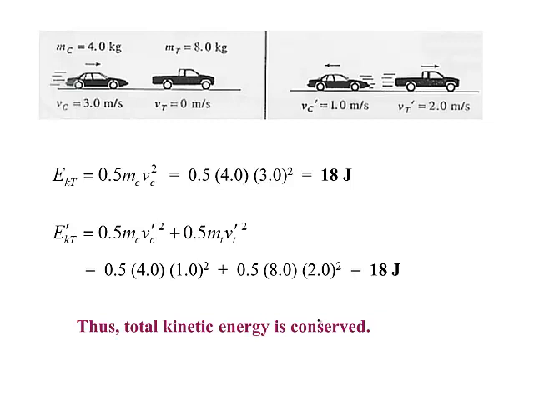As far as it being elastic or inelastic, we work out the total initial kinetic energy in the system, which is 18 joules, and we find the total energy after to be the same. So in this case, with these numbers, the total kinetic energy is conserved, so that means you've got an elastic collision.